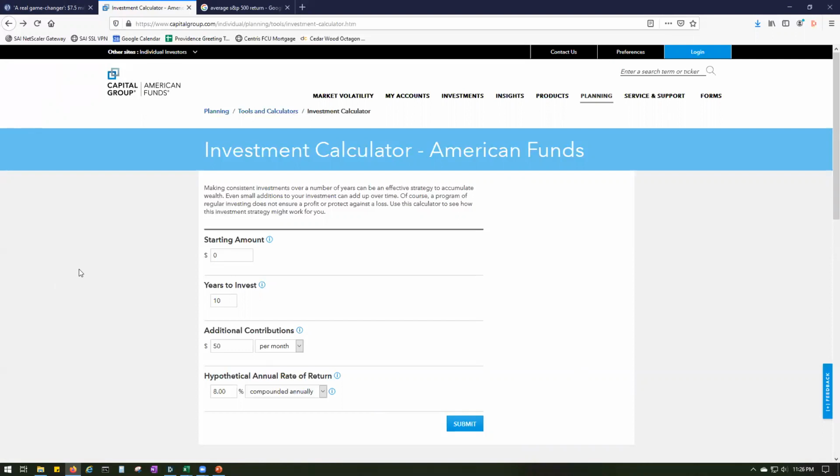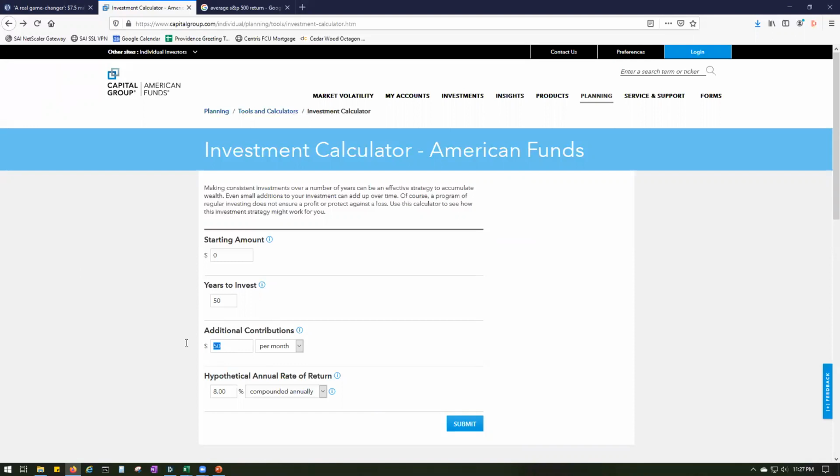But I have a feeling Miss Johnson was a very frugal lady. You don't get $7.5 million by being sloppy with your money. So she was 73 when she passed away. Let's just say she started at the age of 23, so 50 years to invest.